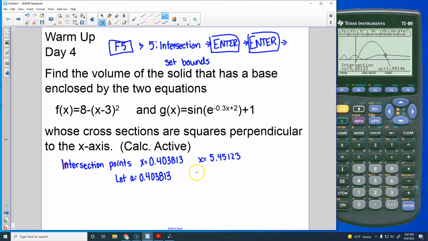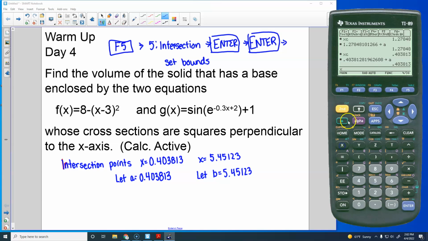Okay, so I'm going to use a B for this one, equal 5.45123. Alright, so I'm going to go back to the main screen and I'm going to store that one. So this time when I type XC and hit enter, I'll get this number.